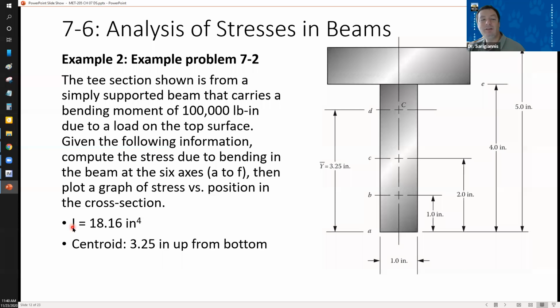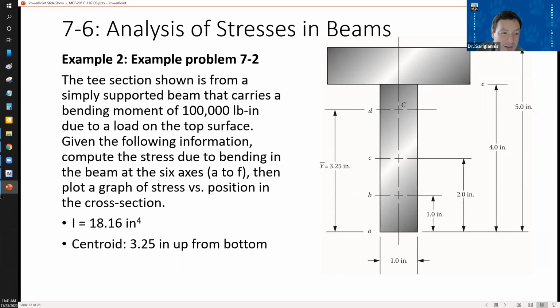You're given the moment of inertia, right? So you don't have to calculate that. And you're given the centroid, 3.25 inches up from the bottom. So that tells you the centroid. And that corresponds with point D. And it wants you to figure out the stresses due to bending in the beam at 6 axes, A, B, C, D, E, and F. And then plot a graph of stress versus position in the cross section. When you compute these stresses, we're going to be saying if they're in tension or compression.